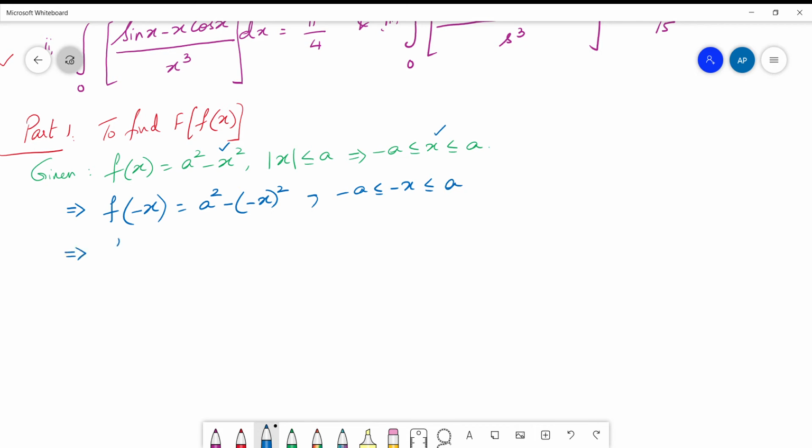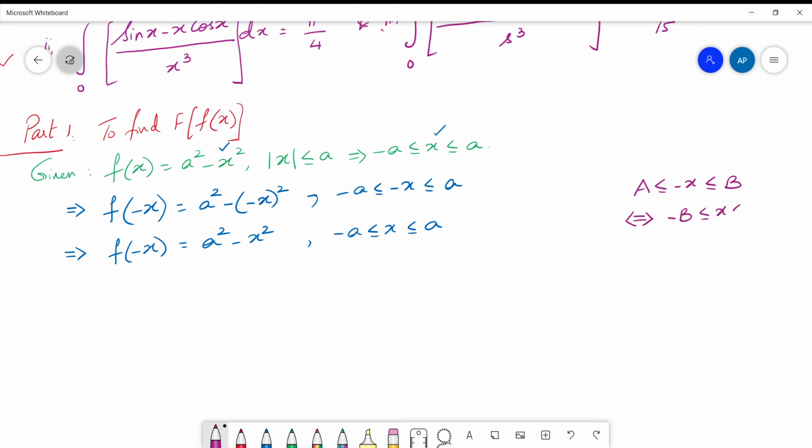So what does this further imply? That f of minus x is equal to a square minus x square. And if you rewrite this inequality, it once again becomes minus a to plus a. The reason being a less than or equal to minus x less than or equal to b will imply and is implied by minus b less than or equal to x less than or equal to minus a.